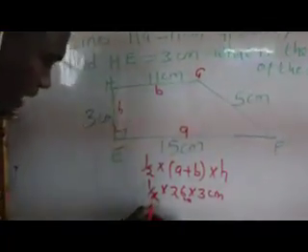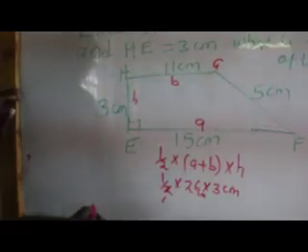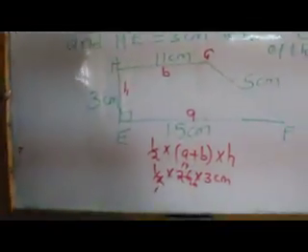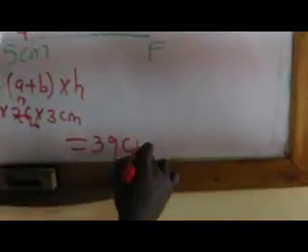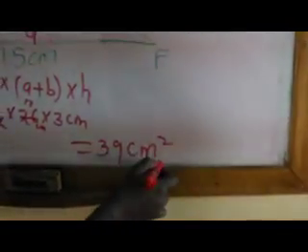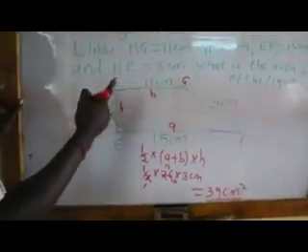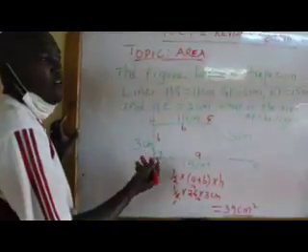We are dividing 26 by 2, which gives us 13. 13 times 3 is going to give us 39 centimeters squared. Learners, this is the area of the trapezium that we have been given.